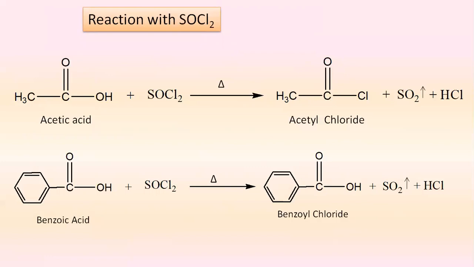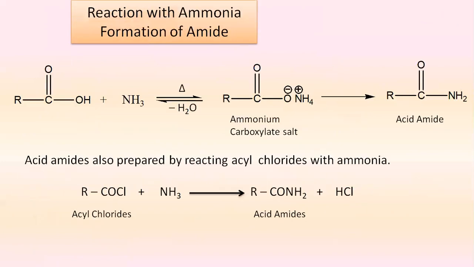Acetic acid with thionyl chloride on heating forms the similar product acetyl chloride by the removal of SO2 and HCl. A similar conversion occurs for benzoic acid to benzoyl chloride. So this is all about the reaction of acids with PCl3, PCl5 and SOCl2.